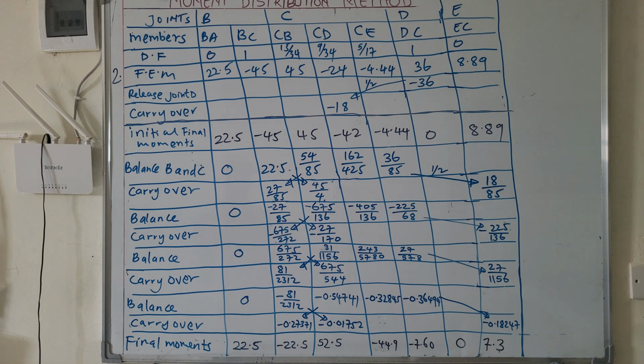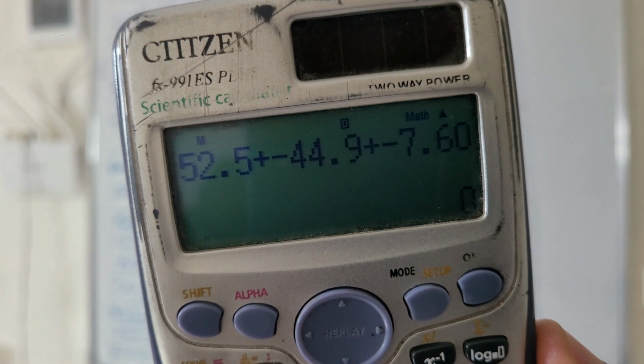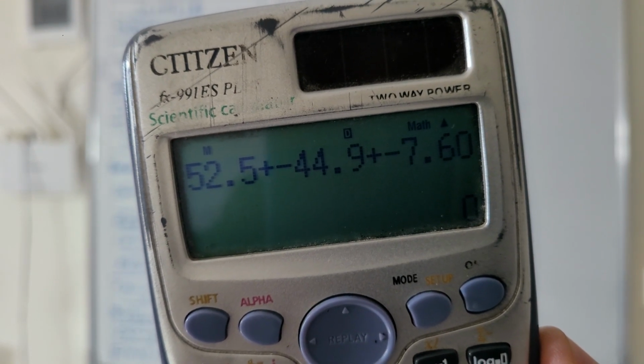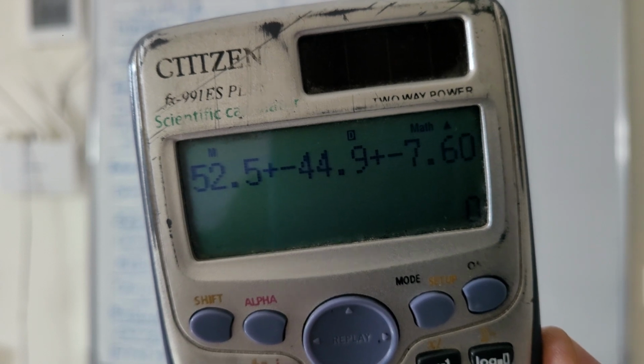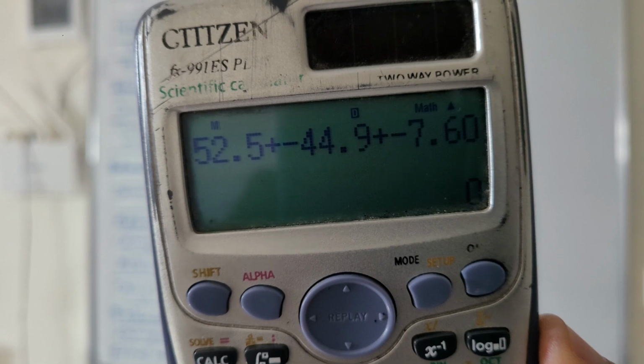So the answer is 0. I will show you. I hope you can see 52.5 plus minus 44.9 plus minus 7.60 is equal to 0.